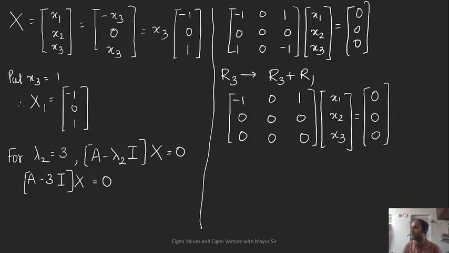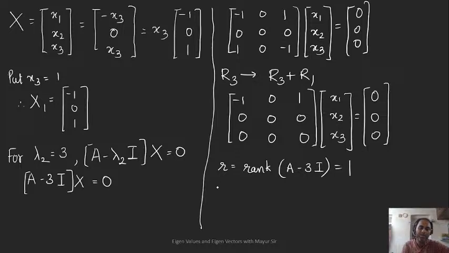Rank is the number of non-zero rows. So what is the rank of A minus 3I? It is 2. No sorry, rank is 1. Number of non-zero rows: the bottom 2 zero rows are there in front of us, so here this -1 0 1 is the only non-zero row, so rank is 1.